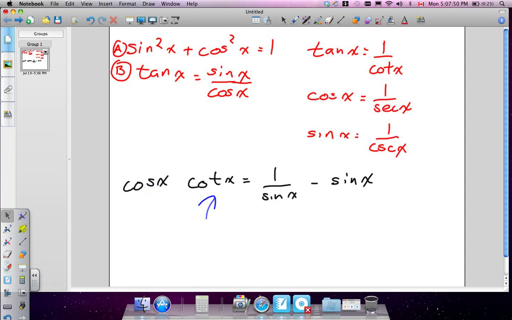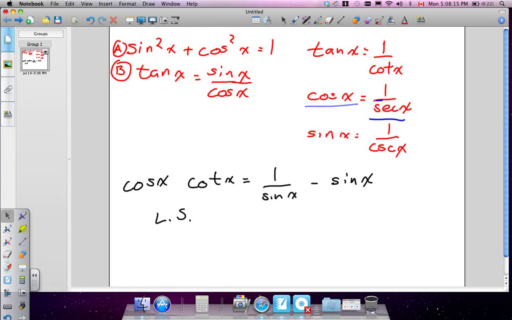So let's see if we can do that. Let's say we're going to work on the left side only. If we go through our rules, there's nothing here that puts us right to sine x. In fact, we run into an issue with cos x. The only rule we have is that it's equal to 1 over secant x, so we're running into some issues.